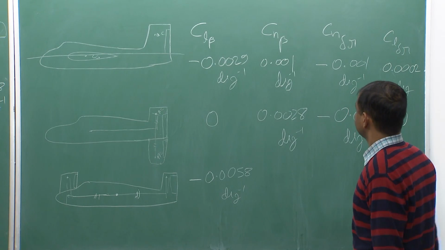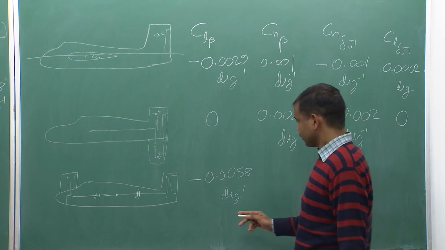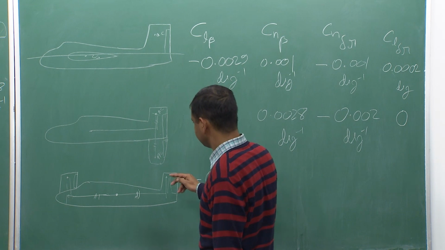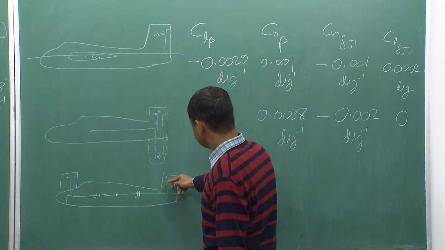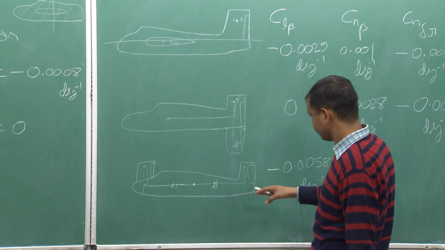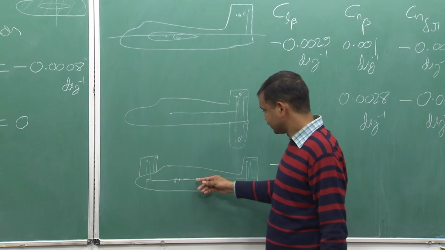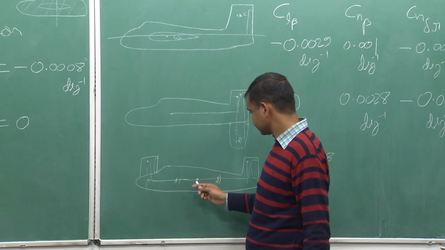Now, Cn beta. For the positive side slip, this will have a tendency for a positive yaw, and this surface will have a tendency of the negative yaw with similar magnitude, because the arm length is the same.